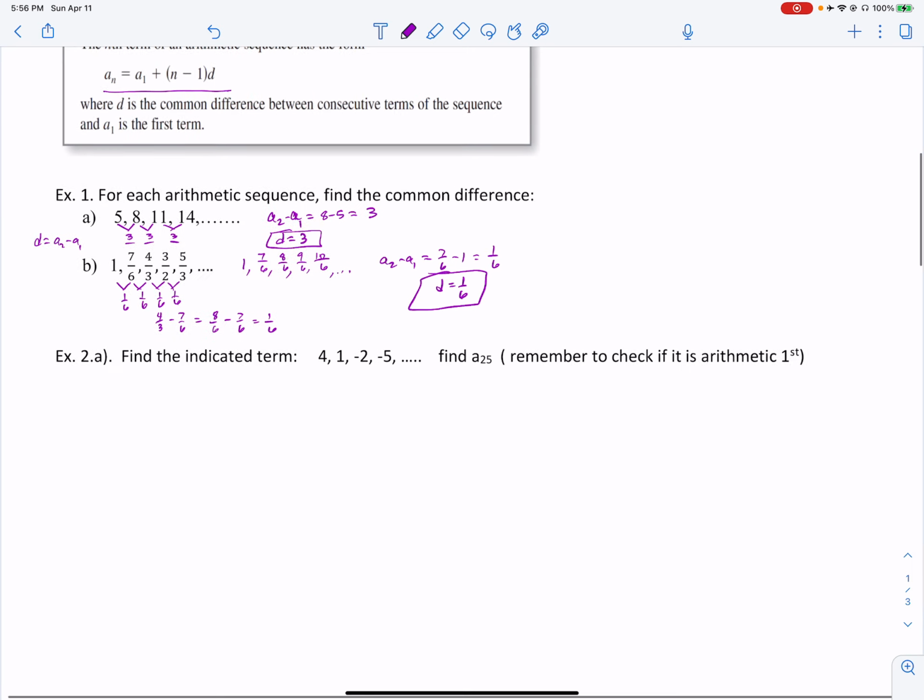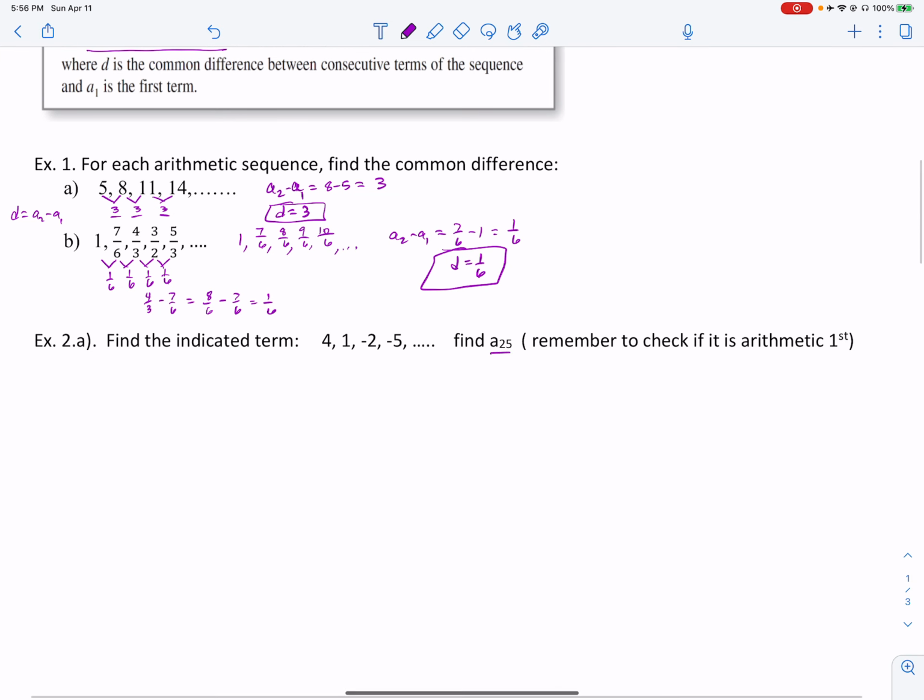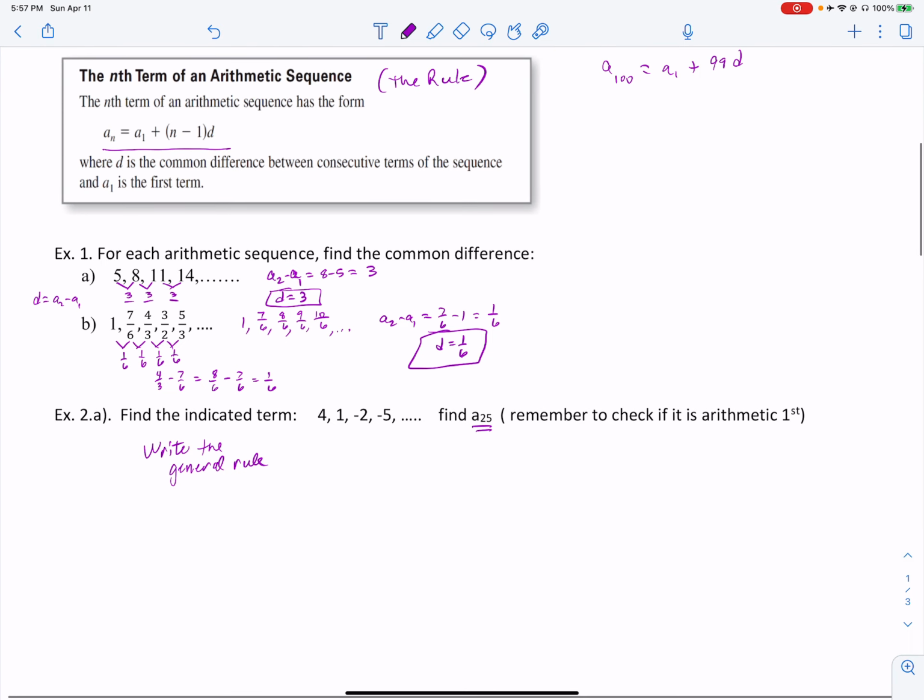All right, so it says find the indicated term. So what we're going to need to do is write the general rule for this sequence. And to do that, I need to know the first term and I need to know the common difference.